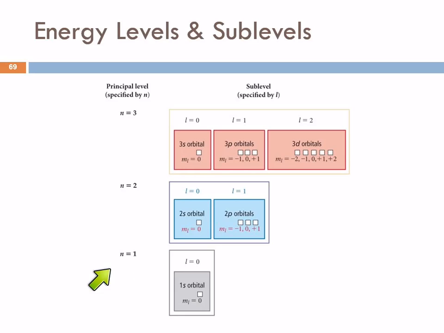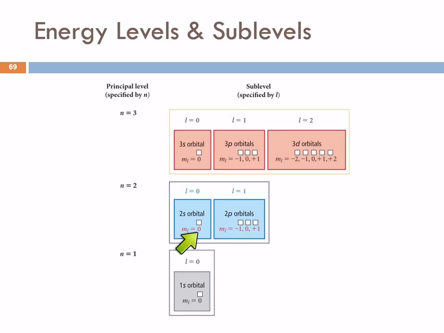So for principal quantum number 1, there's only one possible value of L. It has to be 0. And for L equals 0, there's only one possible value for m sub L, and that's also 0. So this is the 1s orbital. In the second level, we can have L equals 0 or L equals 1. L equals 0 is an s orbital.